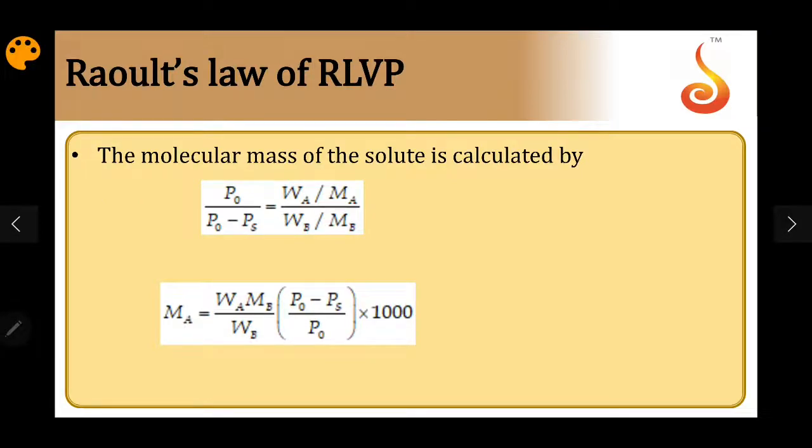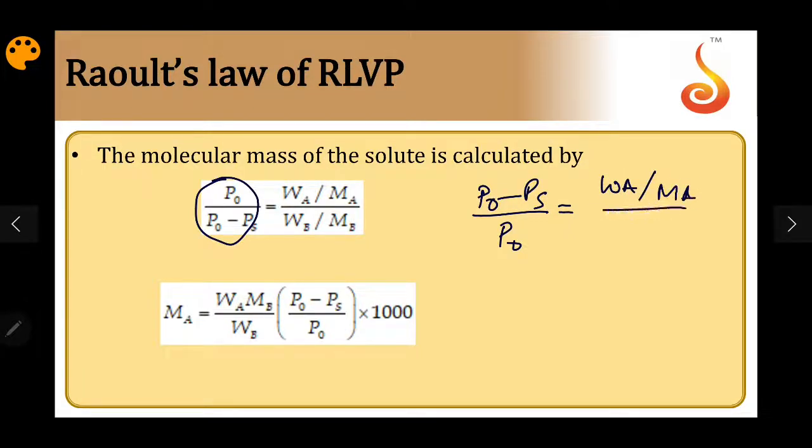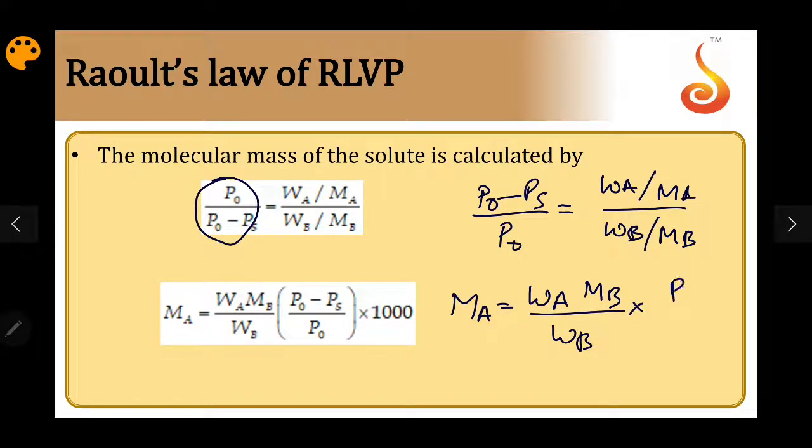Same way, here also it is reversed, so this also should be reversed. So P naught minus Ps by P naught, if I take Na by Nb as Wa by Ma into Mb by Wb, then the molecular mass Ma of the solute is equal to Wa by Wb into P naught by P naught minus Ps into 1000.